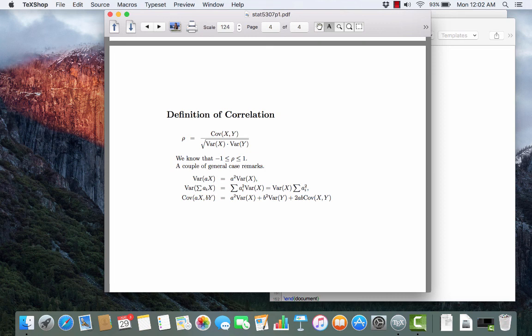And finally, if you just have the variance of ax plus by, you're going to have a squared times the variance of x plus b squared times the variance of y plus 2ab covariance of xy. Okay? Hope this helps. Thanks.